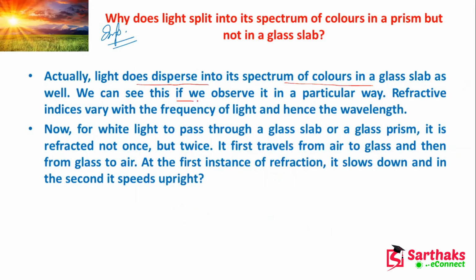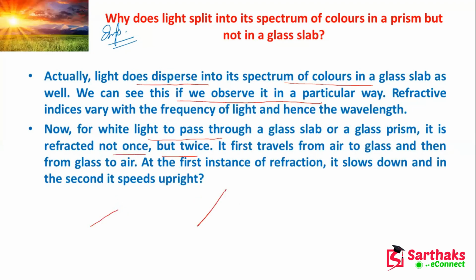But we can see this if we observe it in a particular way. Refractive indices vary with the frequency of light and hence the wavelength. Now for white light to pass through the glass slab or a glass prism, it is refracted not once but twice.